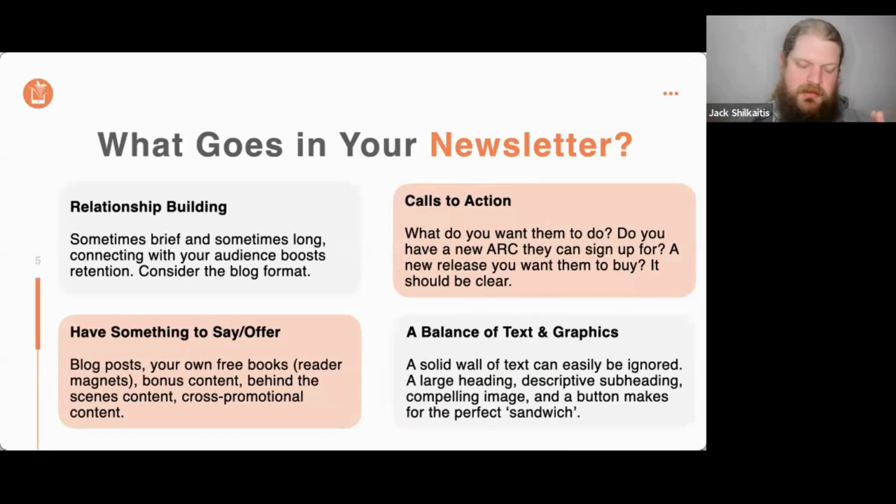And I've been talking about text and graphics already. I tend to overtalk my talking points and then I get to the last one. I've already said this, but a solid wall of text can easily be ignored, especially considering the context that most of your subscribers are going to be in when they open your emails.